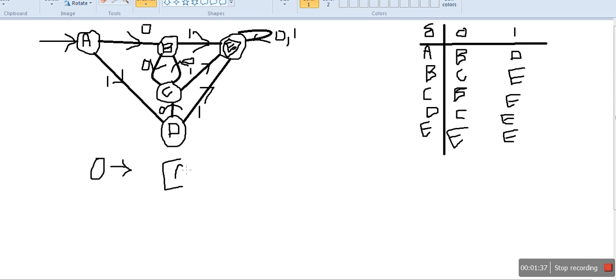Here non-finals are A, B, C and D, and the final state is E.